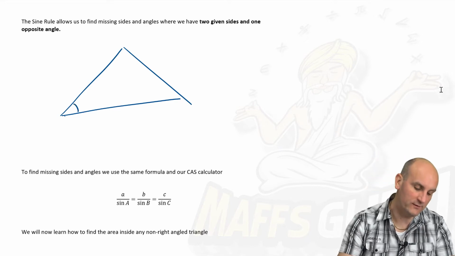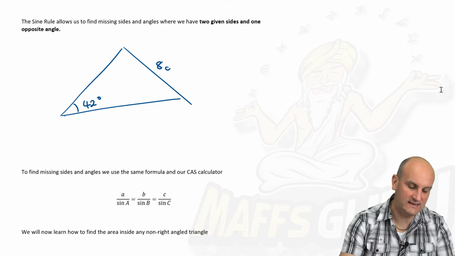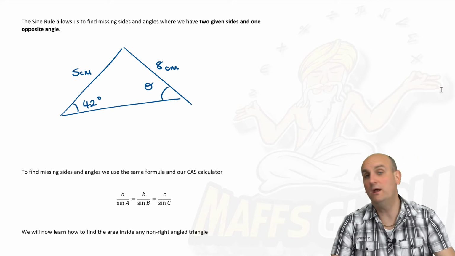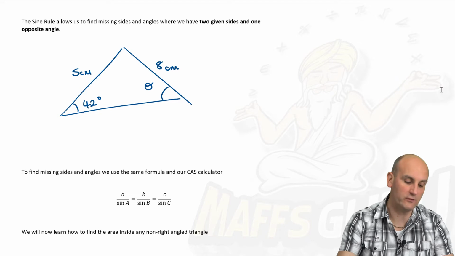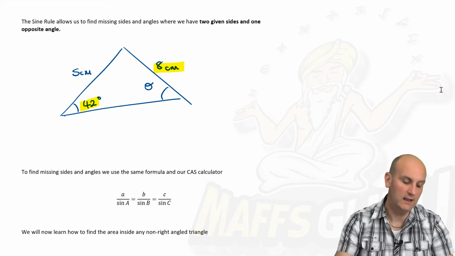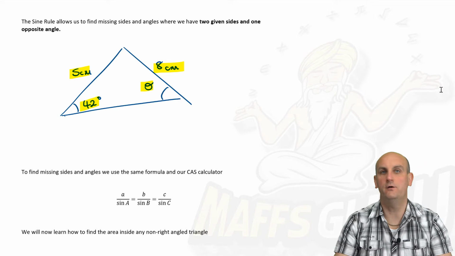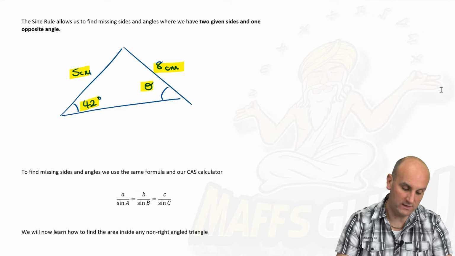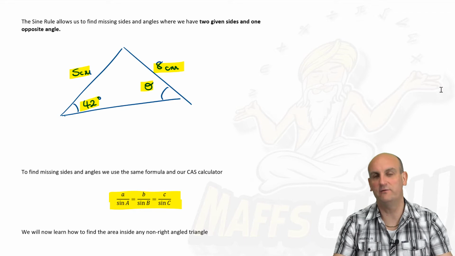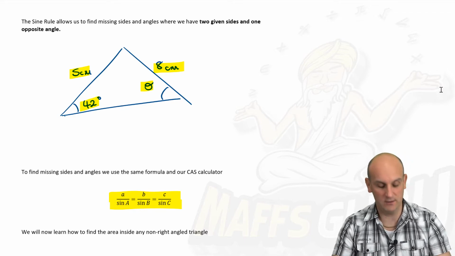And if we had this angle here as 42 degrees, and that was 8 centimeters, and I had this as 5 centimeters, and I wanted to find my angle there, well, I could do it by using the sine rule, because the sine rule says if we have a given side and a given angle, then that's pretty much a big hint here, and we've got a given side and an unknown angle. And again, there is a video on the sine rule just about this to help you out. But again, we were given a formula that helped us then plug it into my CAS calculator and spit out some values. Easy peasy lemon squeezy when you know how.